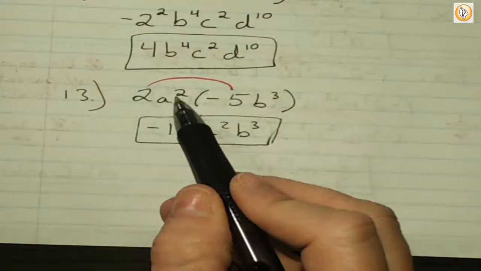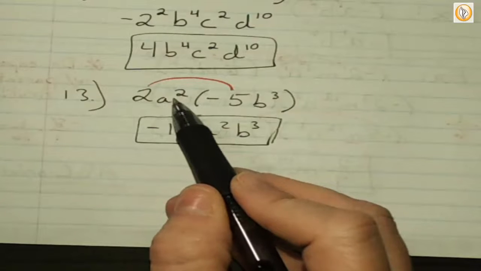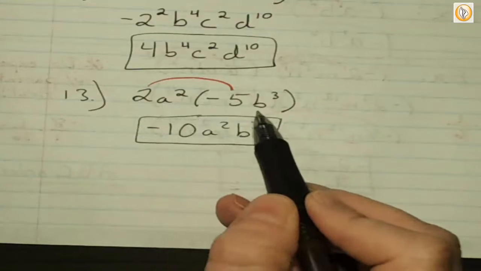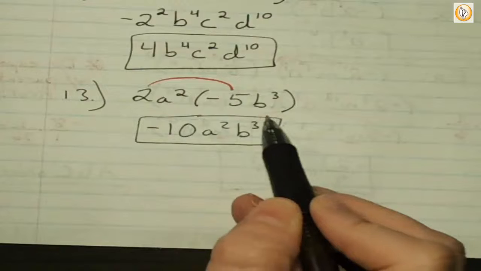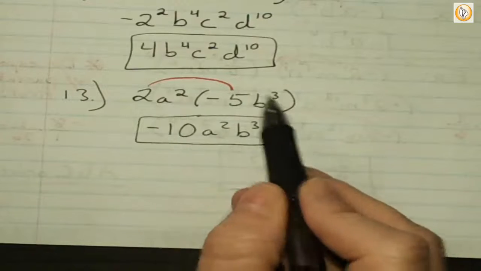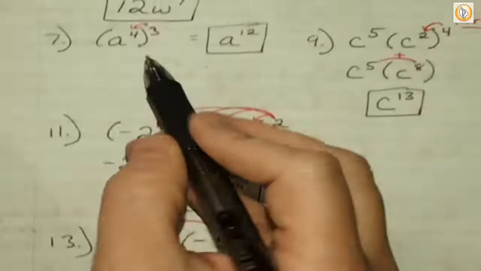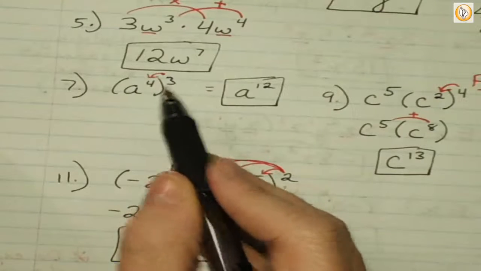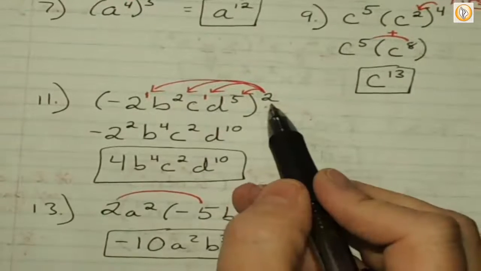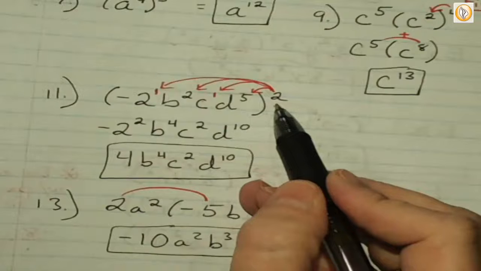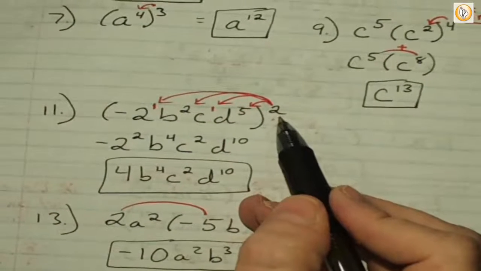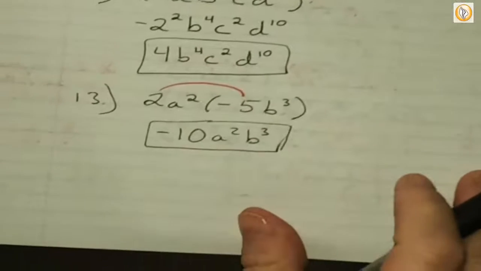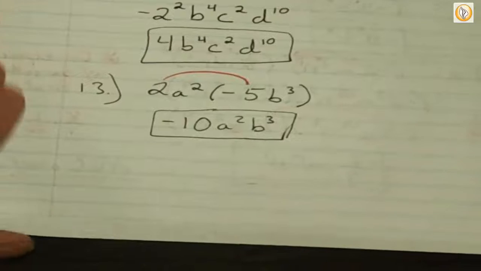Because it's not the same variable. Yeah, the bases are different. The only time you multiply exponents is when you have this situation, when there's just one exponent outside the parentheses. Exactly. That's a good question. Does that help? Yes, ma'am. Okay, good. Good questions.